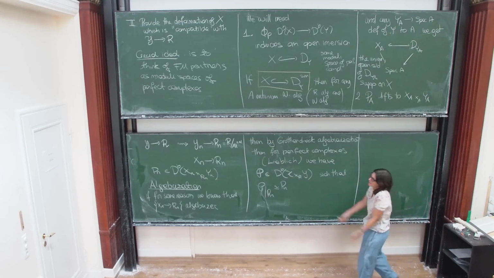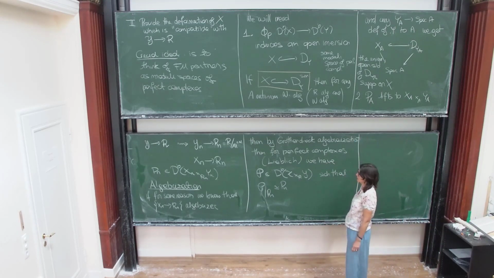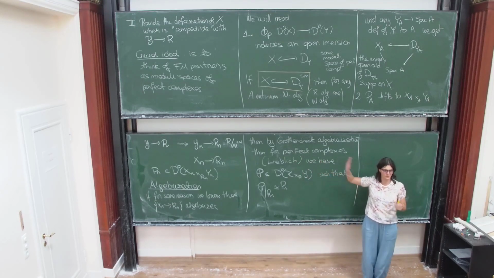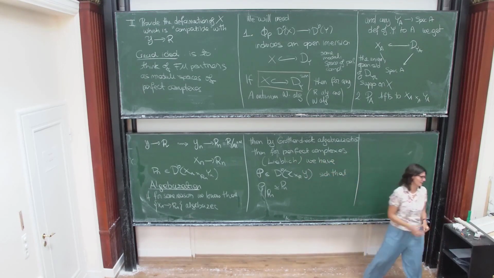And so it may seem we get algebraization for free. I will not say that this paper is for free, like it's Moduli of complexes over a perfect morphism, and yeah.